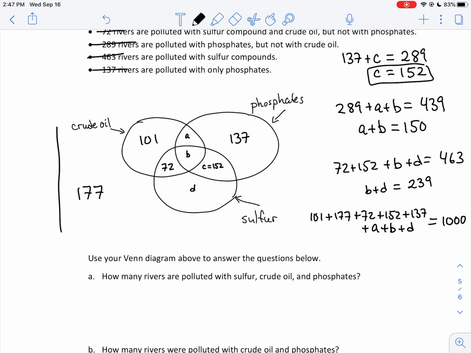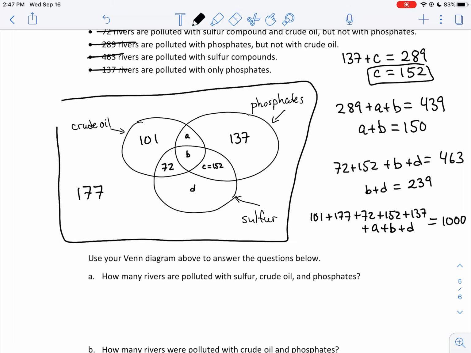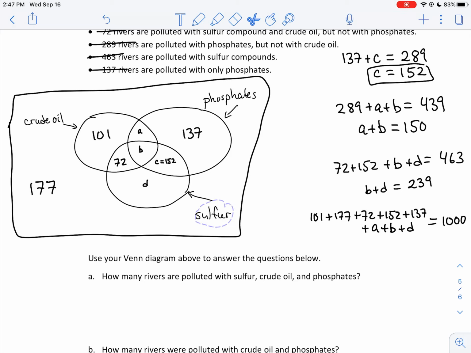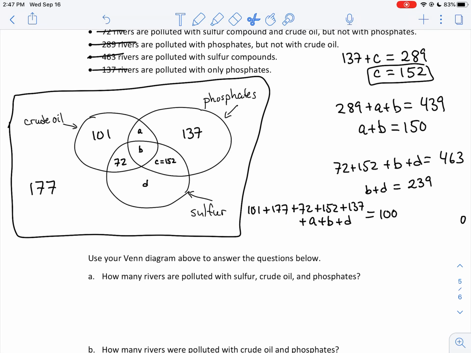Again, I'm not giving myself a ton of space here. Let's shrink our universe down even more and move all this stuff a little bit over so that I can make this one line of work instead. Plus A, B, D equals 1,000. There we go.